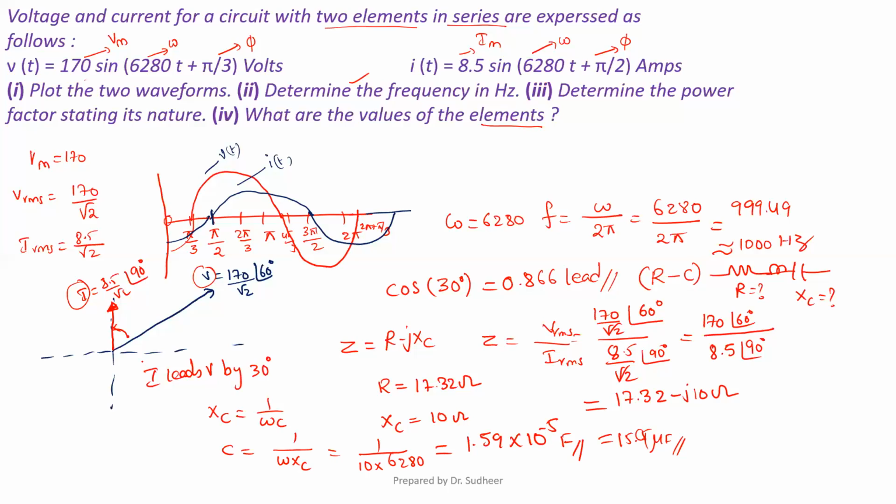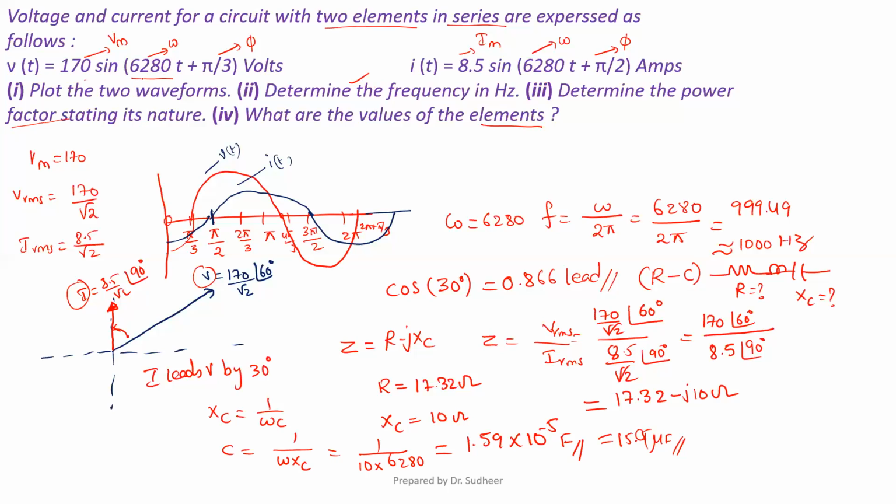Then we can draw even the phasor diagram also if he's asking. Then how to determine the frequency? By comparing this equation with the standard equation, you'll get omega is equal to 6280. From that I can find out the frequency. Frequency is 1000 hertz. Then we can find out the power factor.